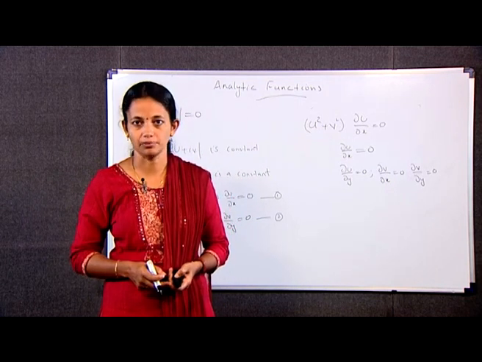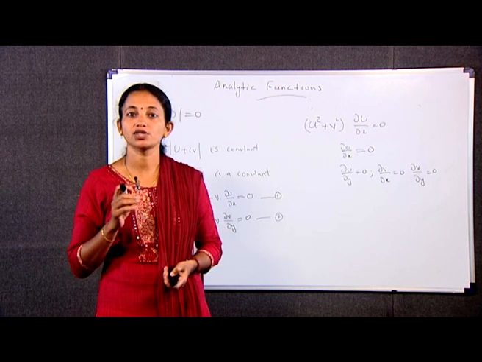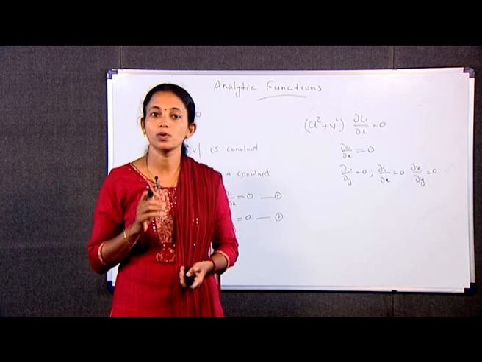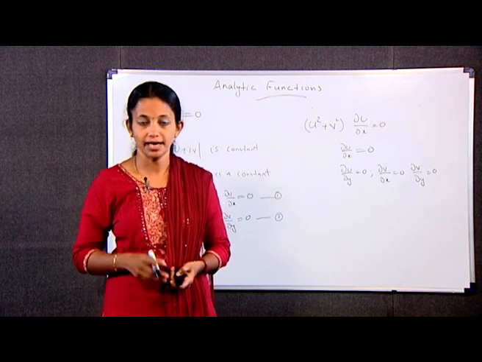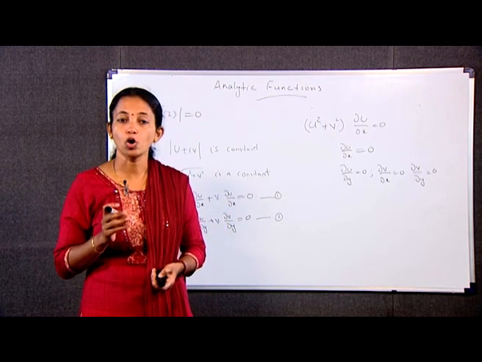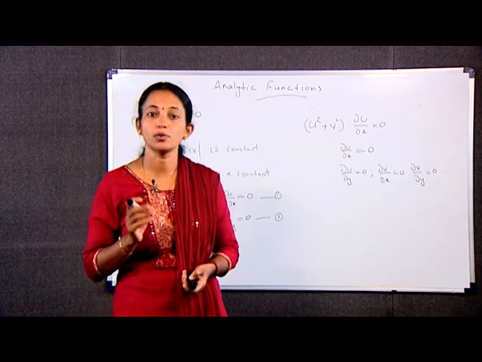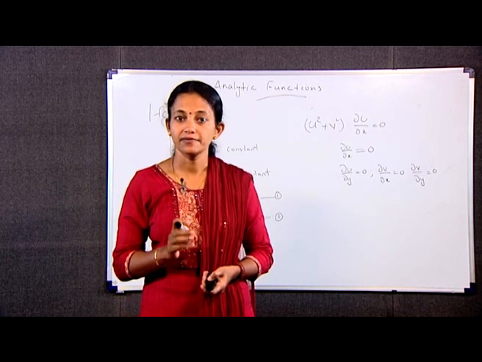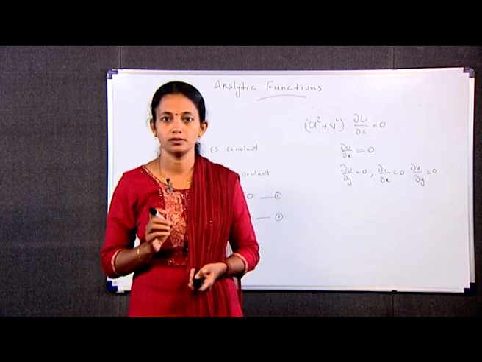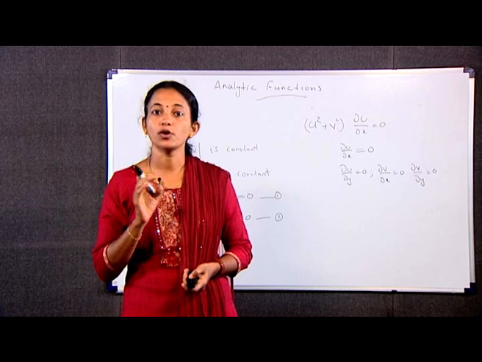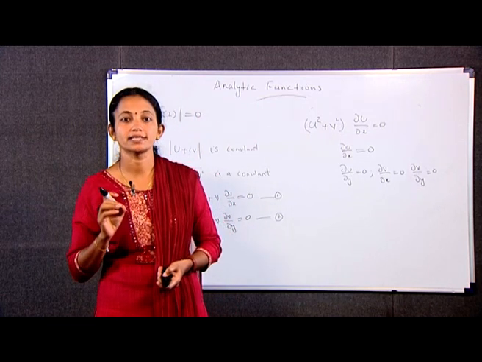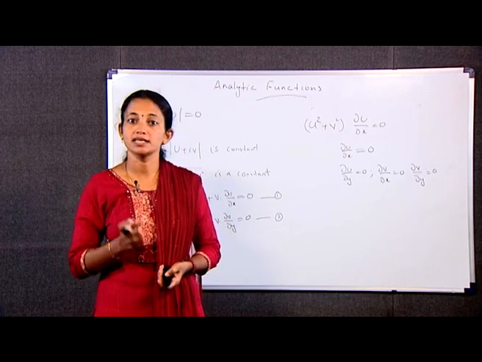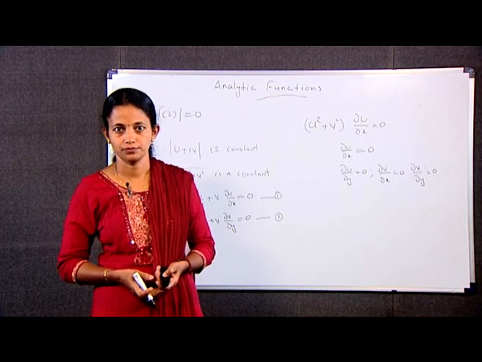As in the previous example, we consider a function f that is analytic throughout a given domain D, and such that the modulus mod f(z) is constant throughout D. We prove that f(z) is a constant throughout D. For that, we take mod f(z) is equal to c for all z in D, where c is a real constant.